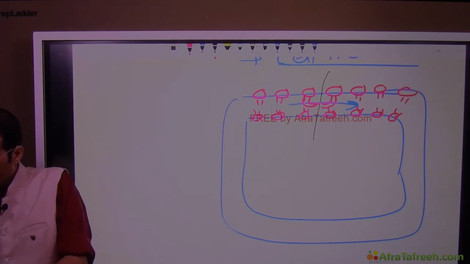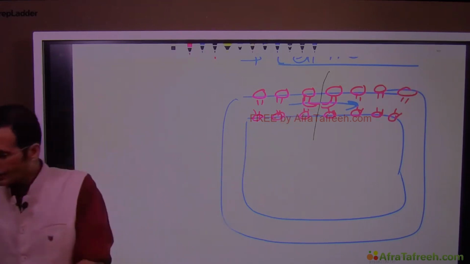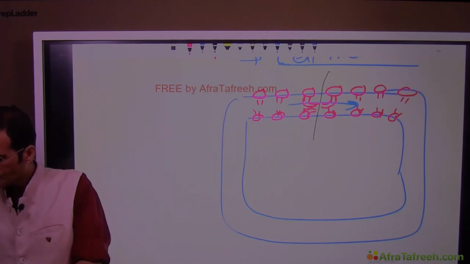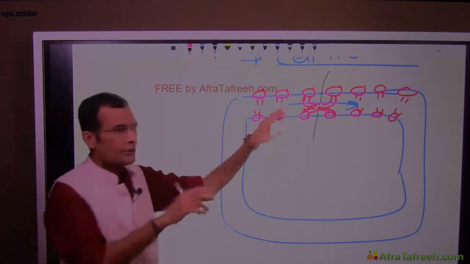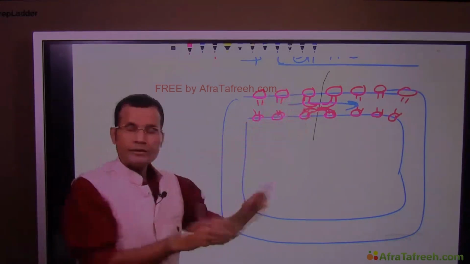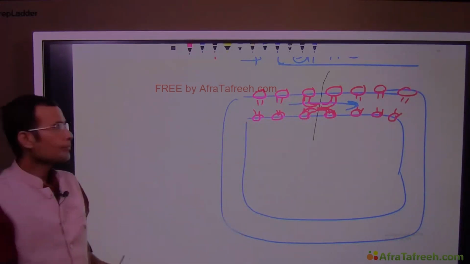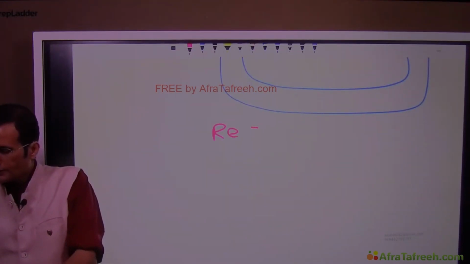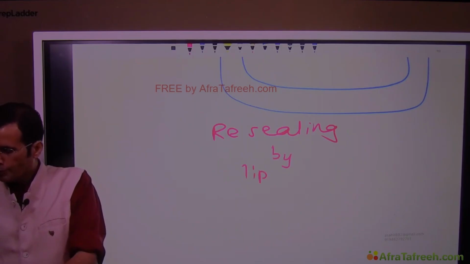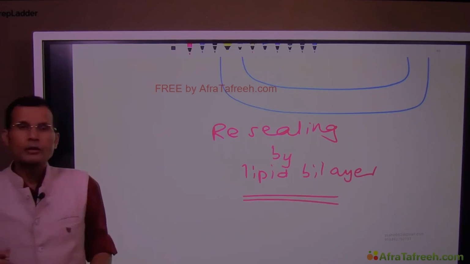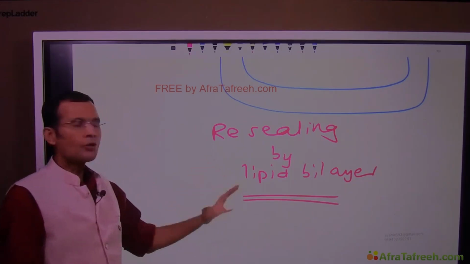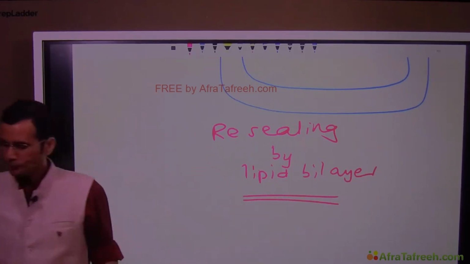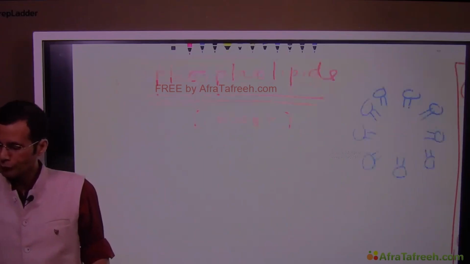The hydrophobic tails of the adjacent lipid molecules, they will interact like this, and that will result in healing. So this is called resealing by lipid bilayer. And therefore, remember, our cell membranes are self-sealing or spontaneously sealing. So that was about the phospholipids in the membrane.